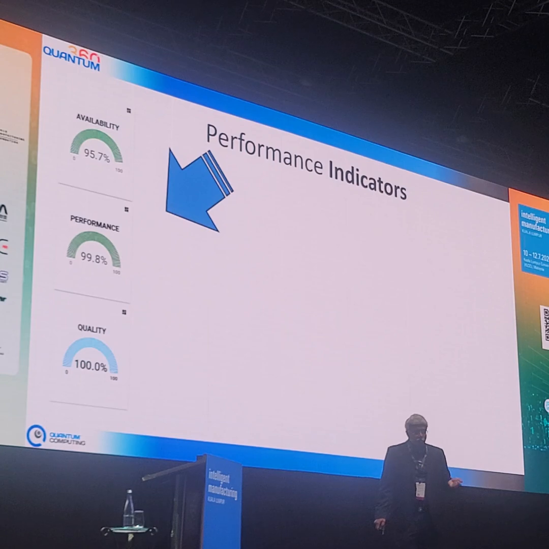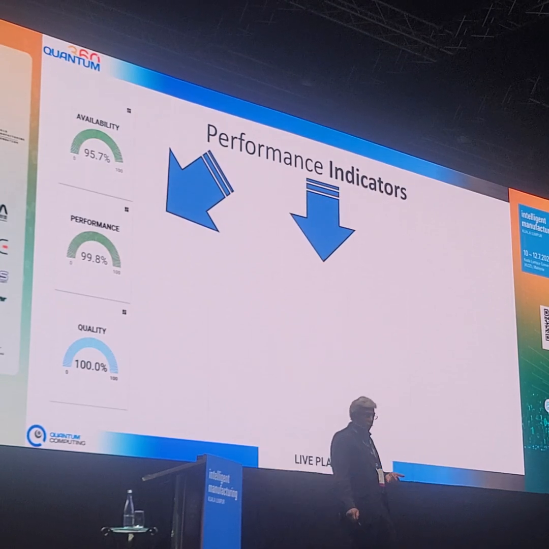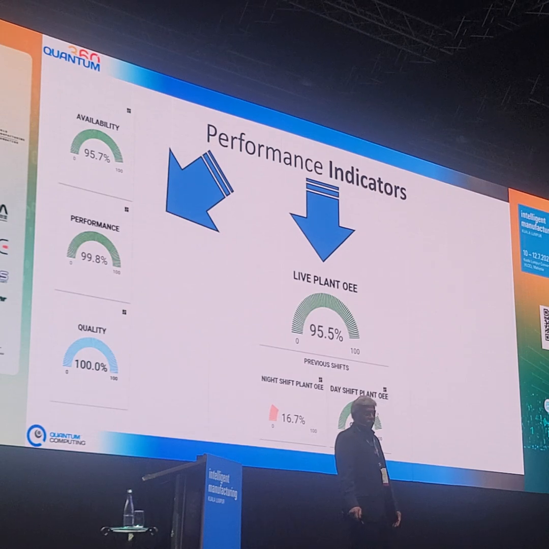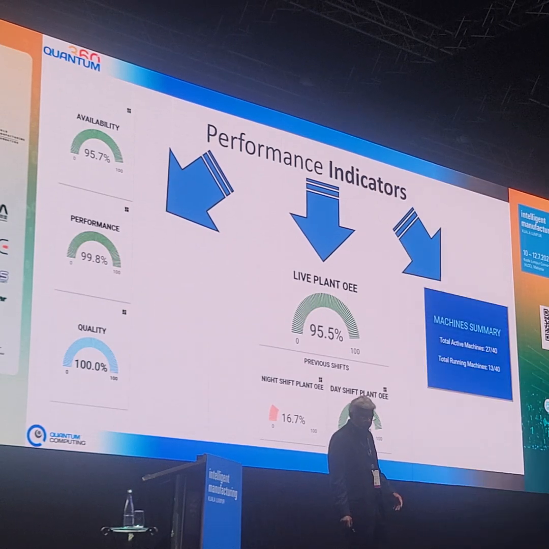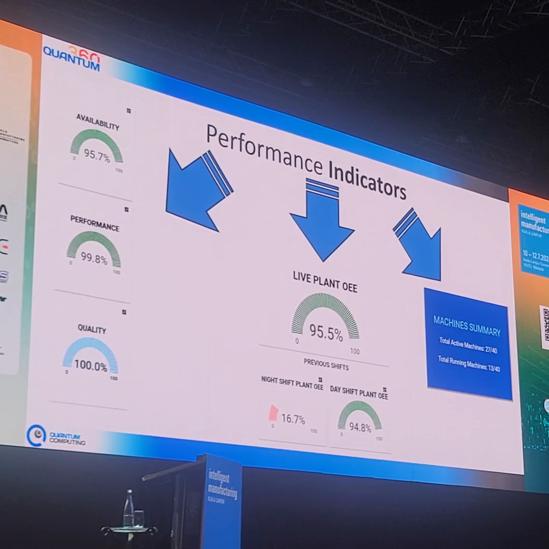So you can have availability, quality, OEE displays, machine summaries, how long the machines are running, how many machines are running, and so on and so forth. All this data you collect and put inside the system, the cloud analytics.